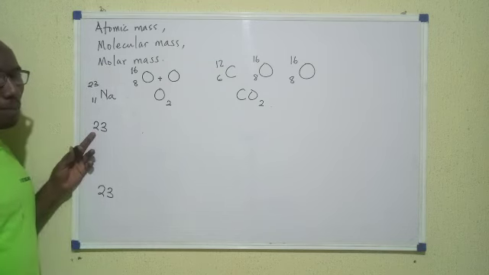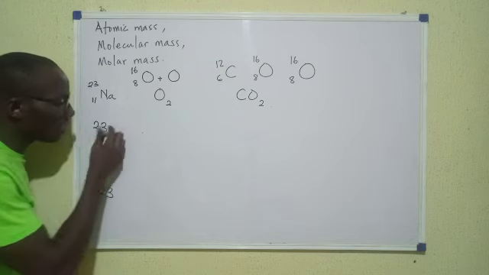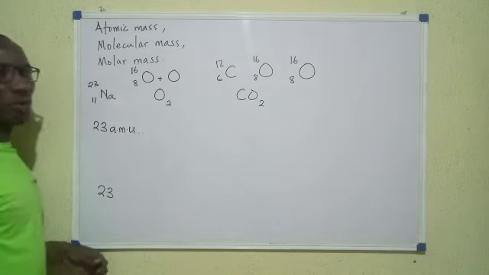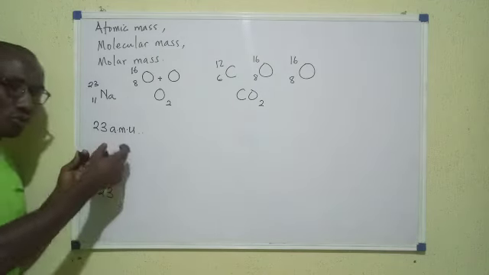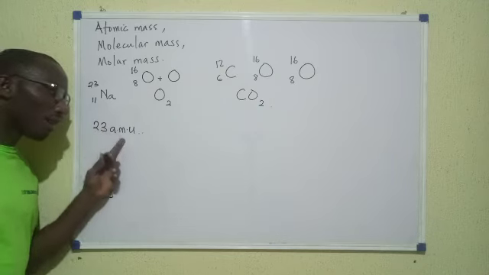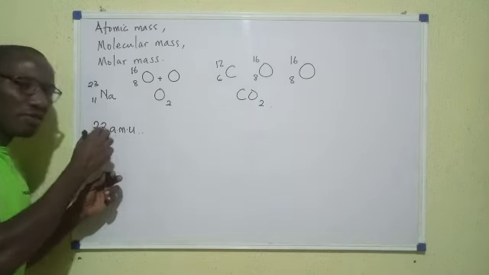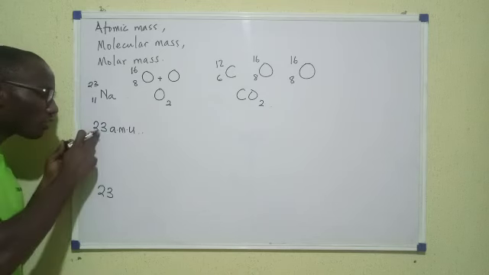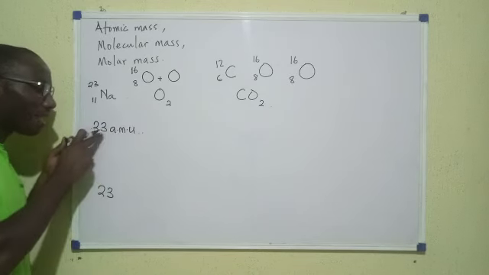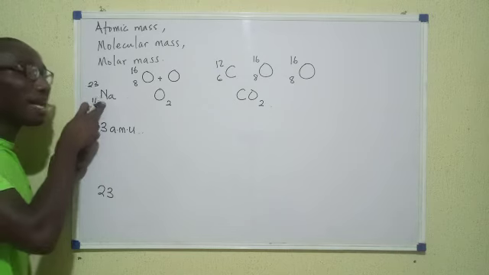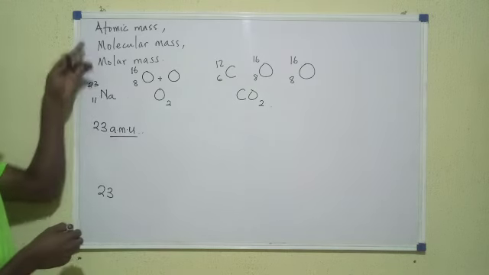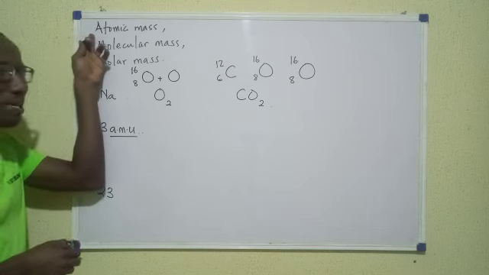See what I mean? If this 23 is written in the units AMU or just U, AMU means atomic mass units. But the ordinary U means unified atomic mass units. So if I write 23 AMU as the mass of a sodium atom, the AMU tells me that this mass is actually atomic mass.